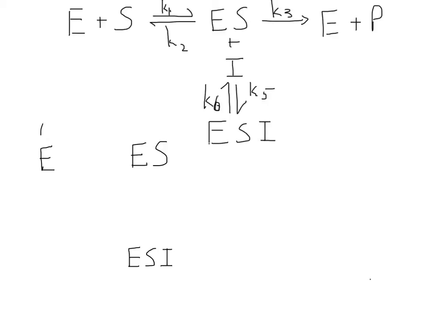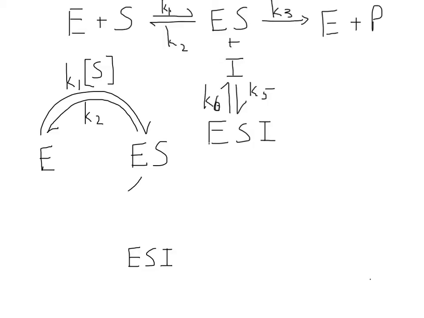And so E can be converted to ES via K1 times the concentration of S. Remember, the enzyme substrate complex can dissociate back to free enzyme and substrate via rate constant K2, or it can go on to regenerate free enzyme plus form product according to rate constant K3.